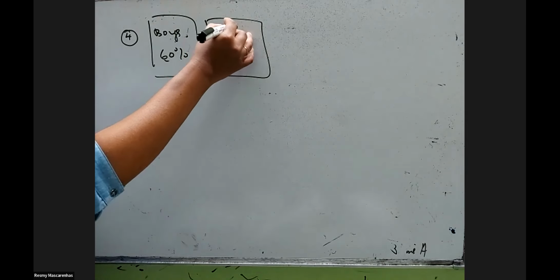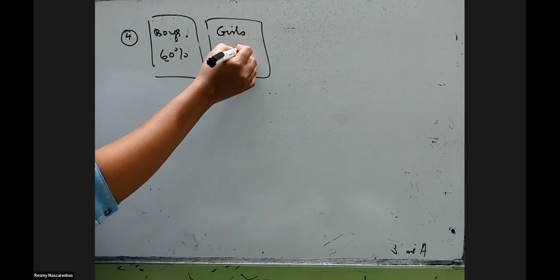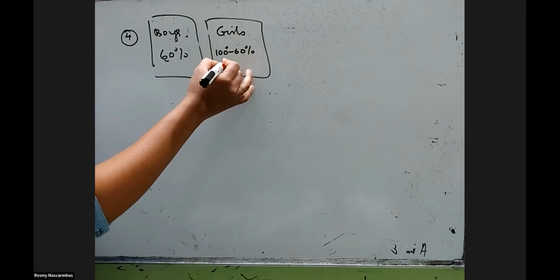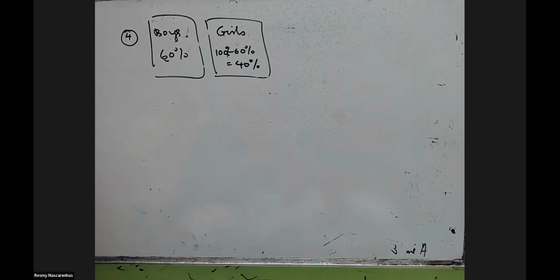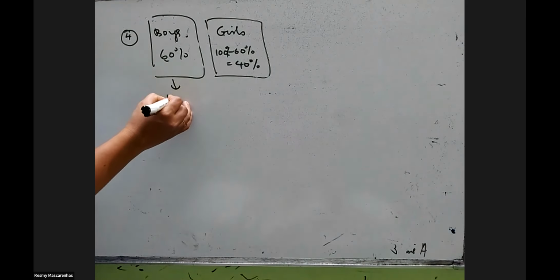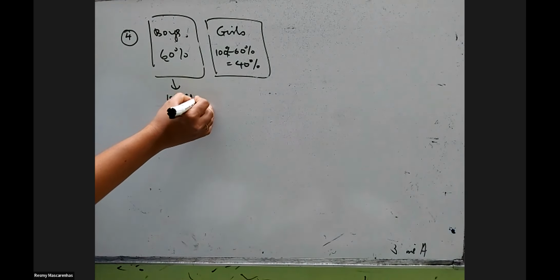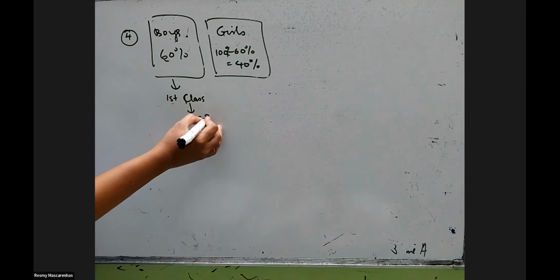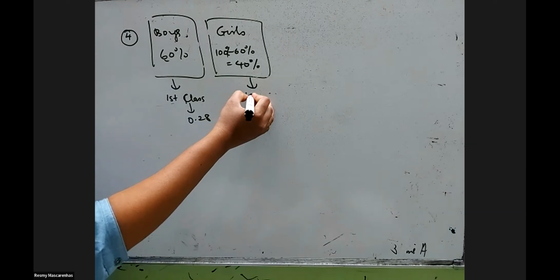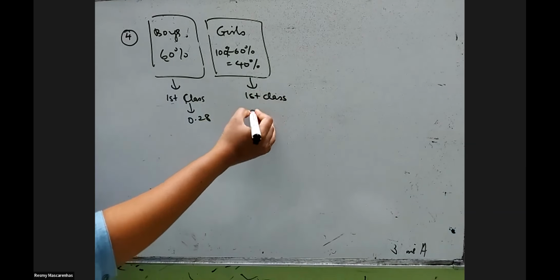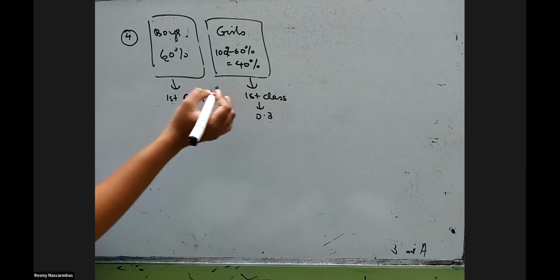So 100 minus 60%, that is 40% girls. From here we get first class. The probability of boys getting first class is 0.28 and the probability of girls getting first class is 0.34.